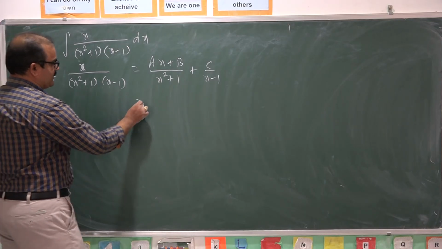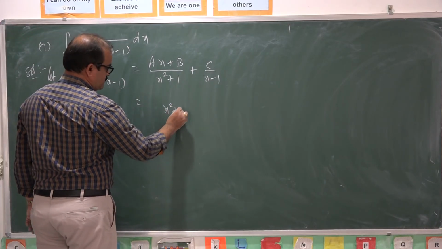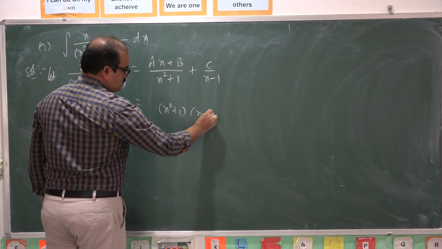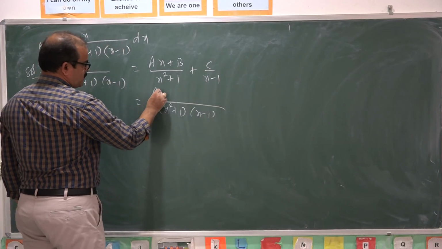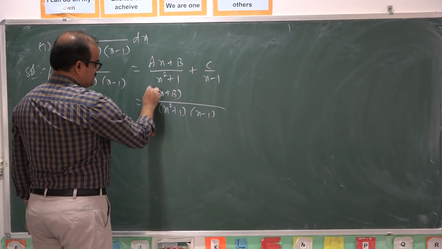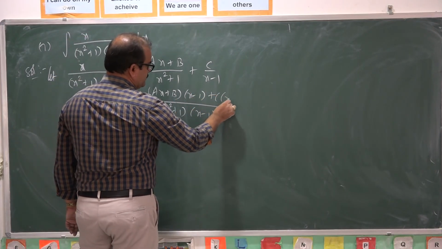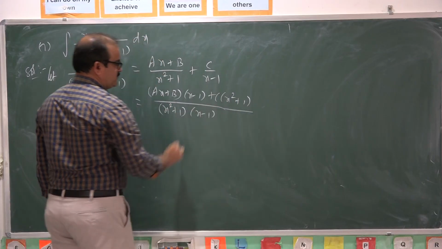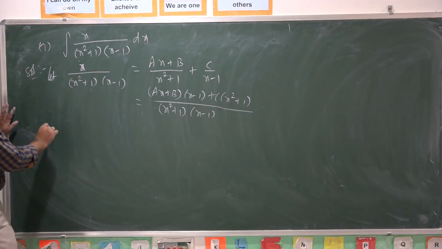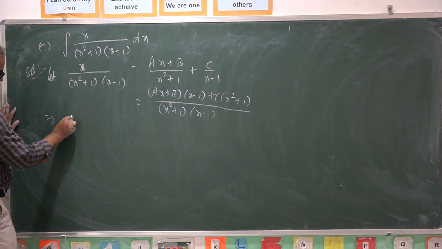Now taking LCM, (ax plus b) into (x minus 1) plus c into (x square plus 1). Now equate the numerators.